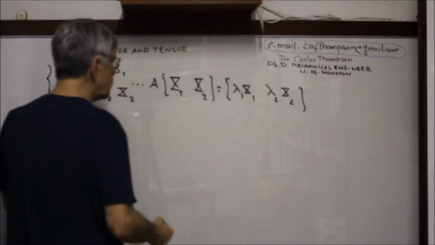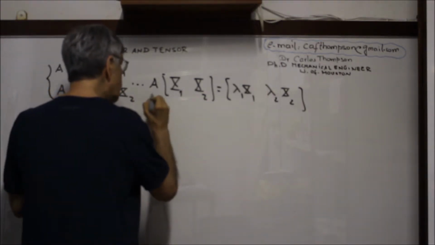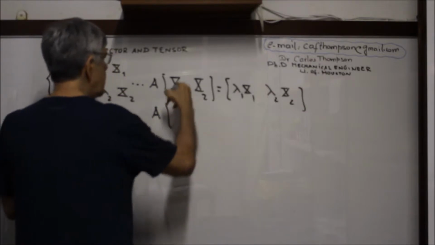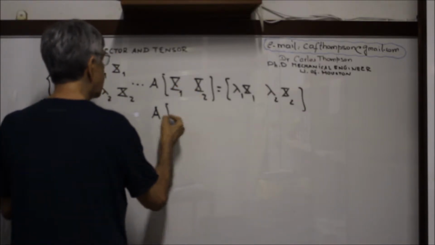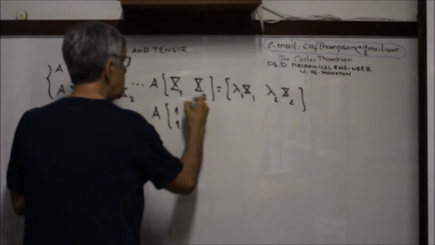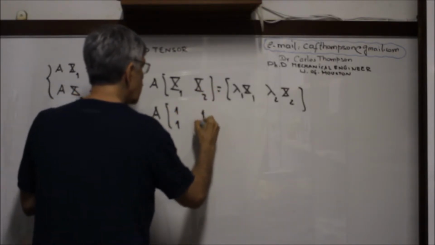Recall that x1 in this case is (1, 1) and x2 is (1, 0).